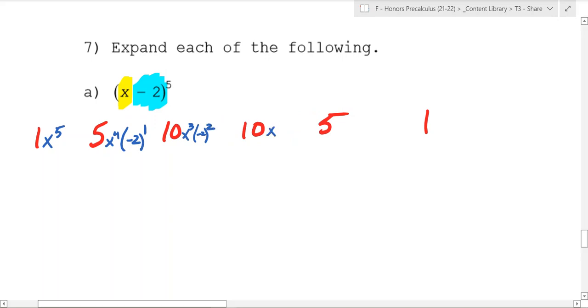And then it's going to be x squared, negative 2 to the 3rd, and then 5x times negative 2 to the 4th power, and then this is going to be negative 2 to the 5th power.